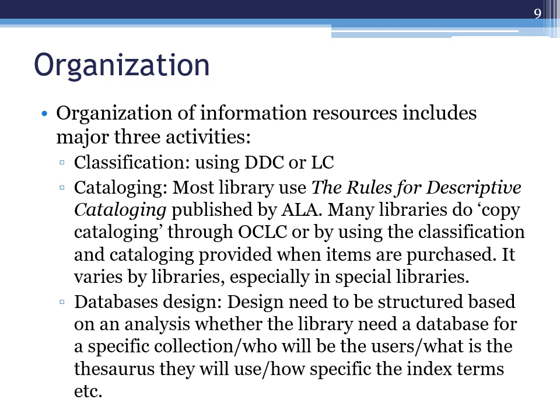Organization of information resources includes three major activities: classification, cataloging, and database design. Classification, as we discussed last week, is done by one of the standard classification systems such as DDC, Dewey Decimal Classification, or LC, Library of Congress, for books, journals, and electronic resources.